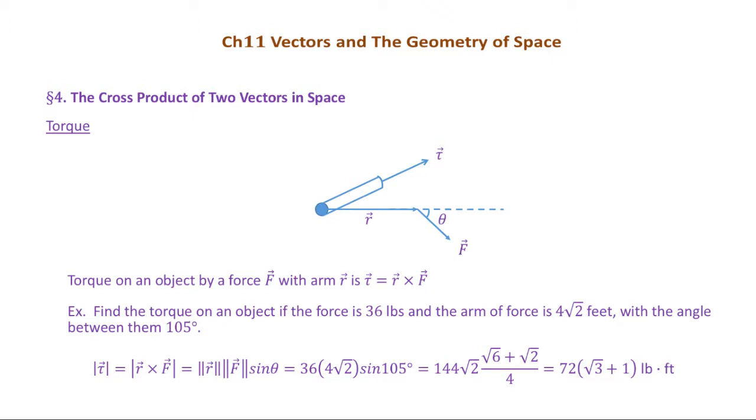And square root 12 is 2 times square root 3, since you can factor 12 into 4 and 3, so you take the root and get 2 square root 3. Then you factor out 2 and multiply by 36, you get 72, and what is left is square root 3 plus 1. All right, so that's the torque in the unit of pound-feet. Okay, any questions? So that's the application of cross product.